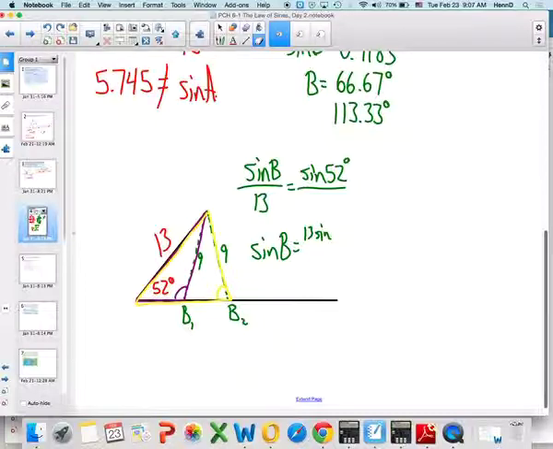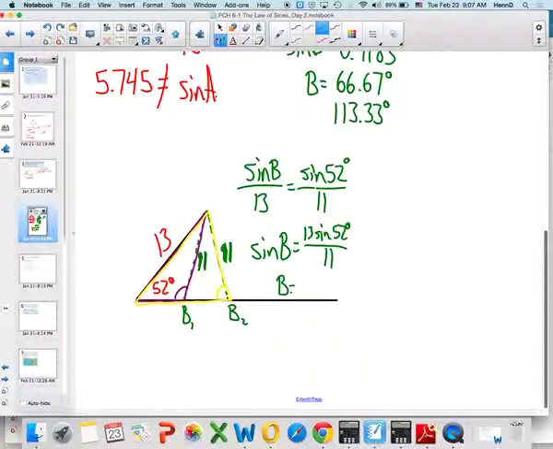So let's make this 11. Instead of 9, we're going to make this 11. Okay, so 13 times the sine of 52 over 11. That's why these ones are hard to make up. 0.9313. So the inverse sine, when you hit inverse sine, what do you get?